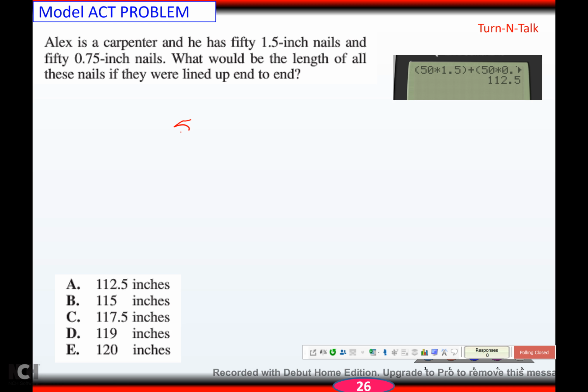Well, he has 5 of, what that means is times, 5 of these 1.5-inch nails, plus he has 5 more of, another multiply, the 0.75-inch nails. So if I type that in, and I put my parentheses like this, then you should get the correct answer, which is 11.25.